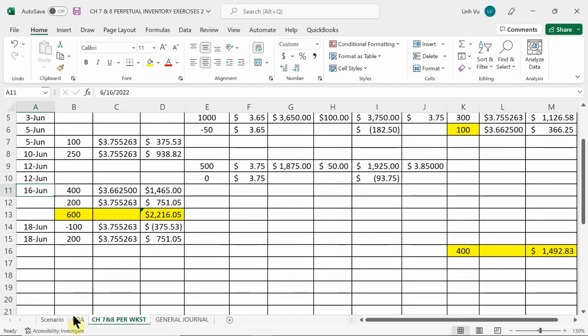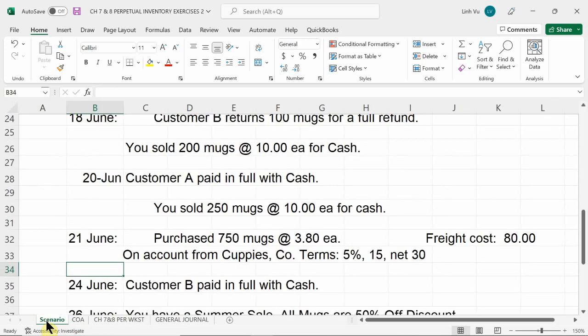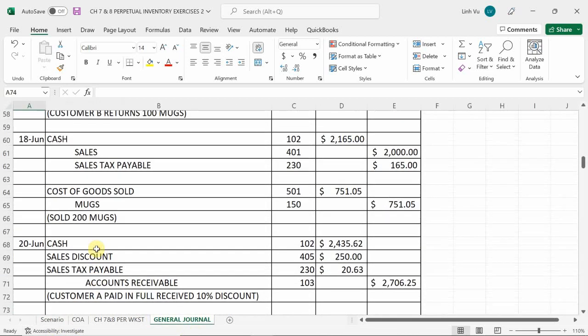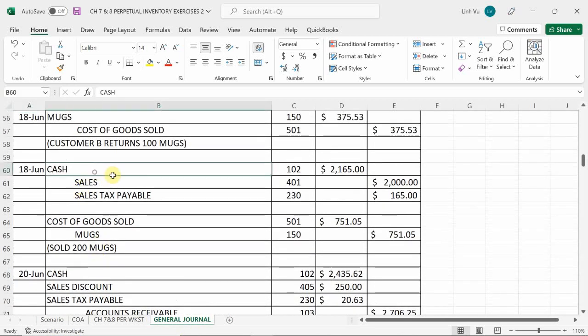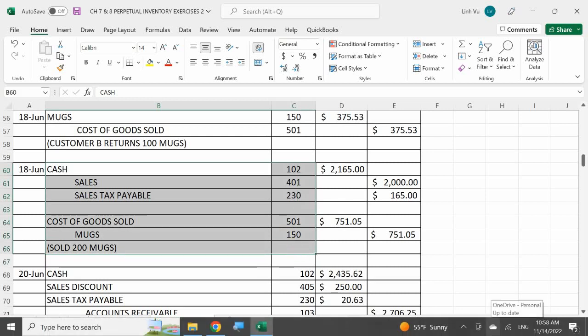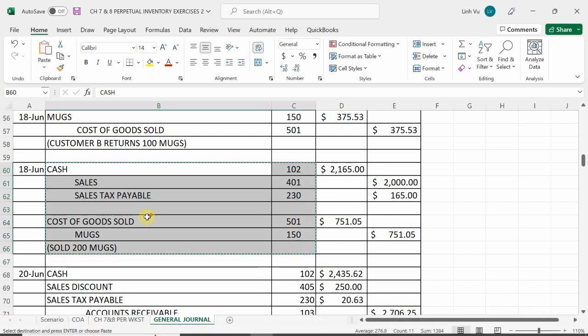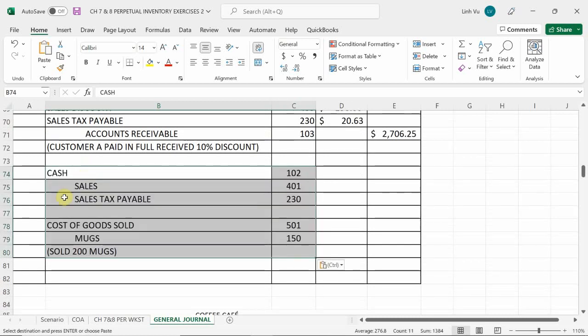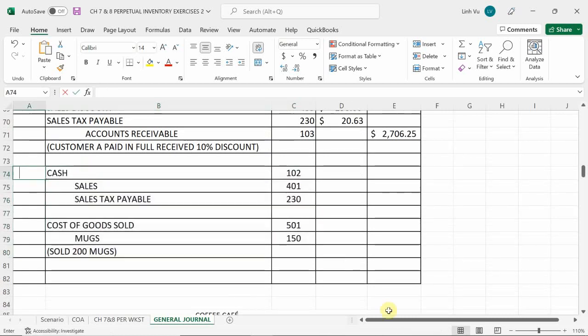So yes, we do have enough to sell 250 mugs for $10 each for cash. So again, this is another cash sale. Copy and paste that. It should be it for this journal here for 620.